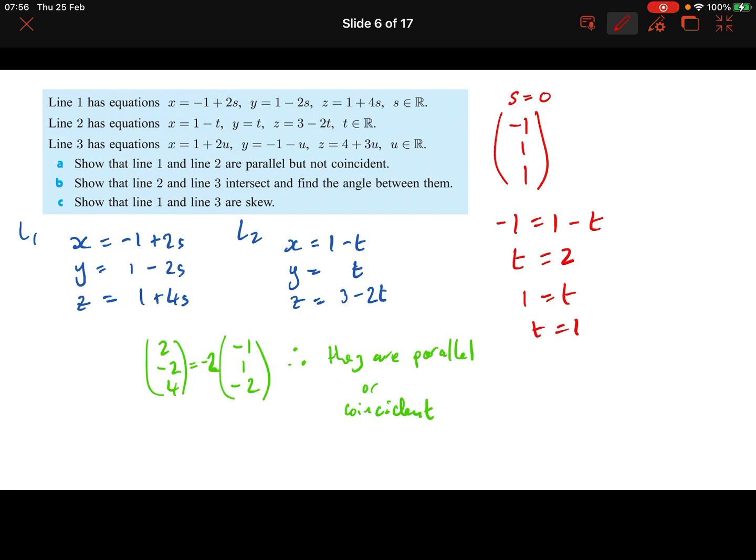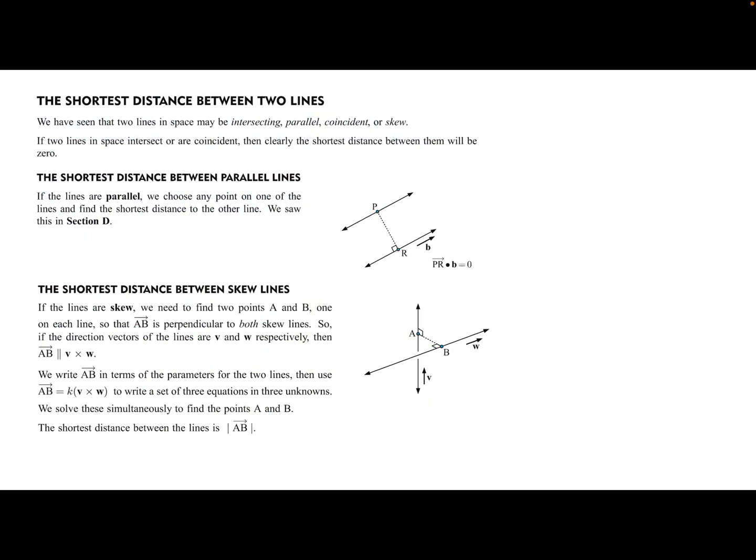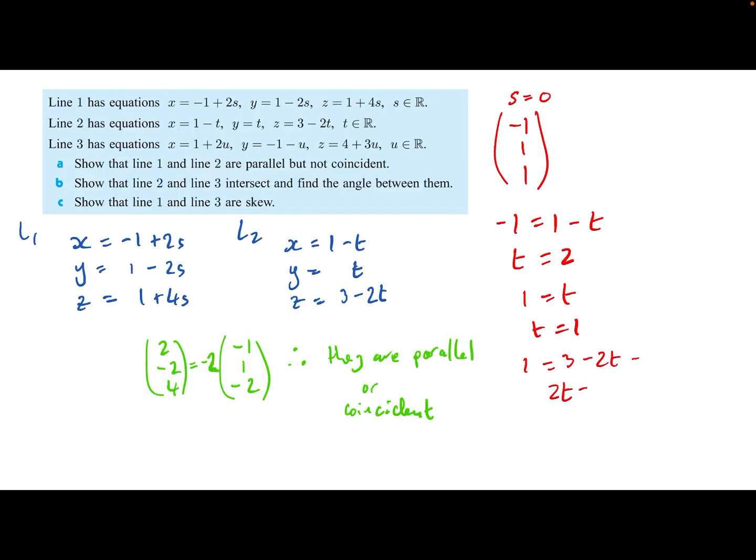And if I replace z with 1, I get 1 is equal to 3 minus 2t. So 2t equals 2, so t equals 1.